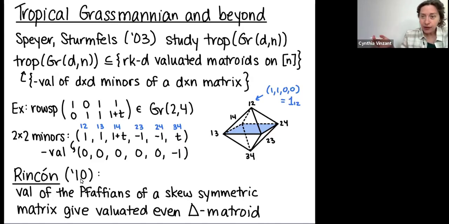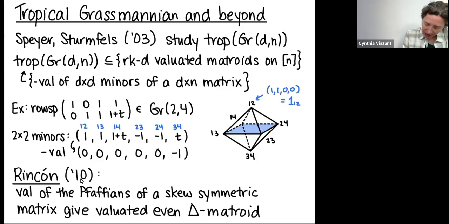There are other previously known examples. We start with some variety coming from the minors of some matrix, and we get some nice combinatorial structure from its tropicalization. There are many other instances of this. For example, Felipe Rincón in 2010 showed that if you start with a skew symmetric matrix over a valued field and you take what are called the Pfaffians of a skew symmetric matrix, these are the square roots of principal minors of even size.